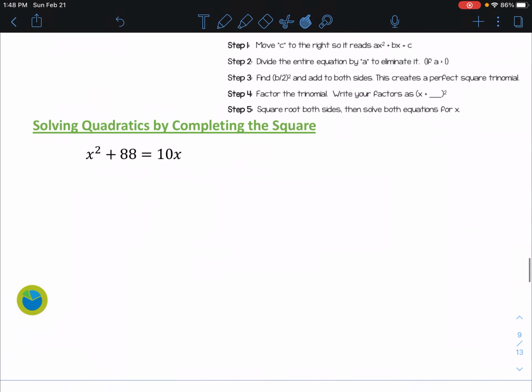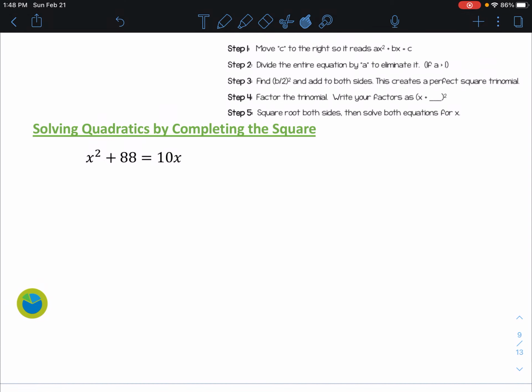Okay, I'm going to do one more, and then we're going to stop this video there. Okay, solving quadratics by completing the square. Again, move the c to the other side. Now this time the bx is on the other side, and the c is on that side. We got all kinds of weird stuff going on. So I'm going to subtract 88.